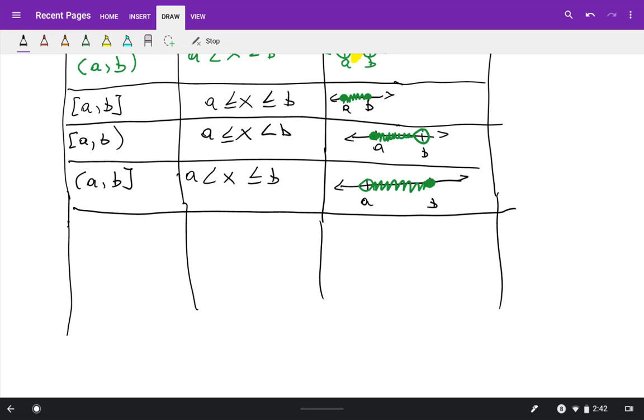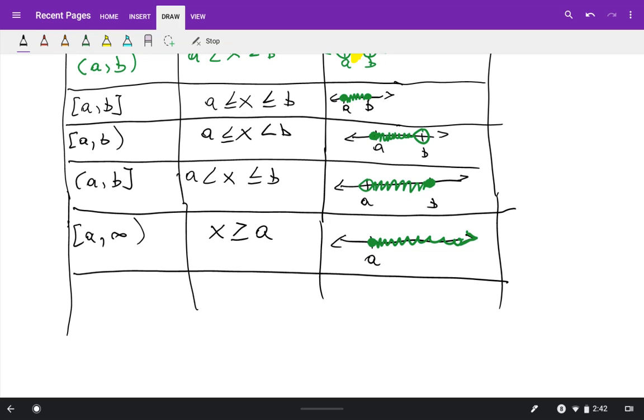Okay, so we have an interval like this: bracket a, infinity. That means that x is greater than or equal to a. To graph that interval, you put a on the number line. We include a as a solution, and we shade all the numbers which are greater than a, which is everything to the right.